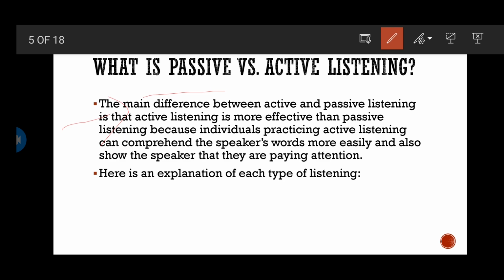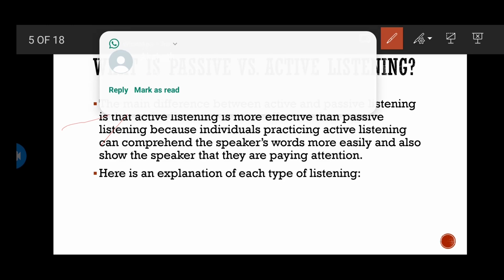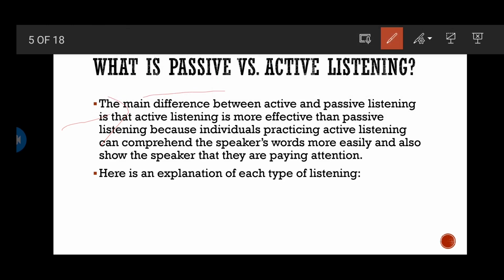In passive listening, sometimes you won't even listen to what the speaker is trying to convey. You are just present over there. There are multiple types in both, but passive listening basically means you don't have an interest and you won't even listen. You are present before the speaker, but you are actually not listening.